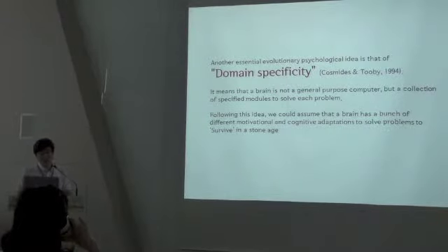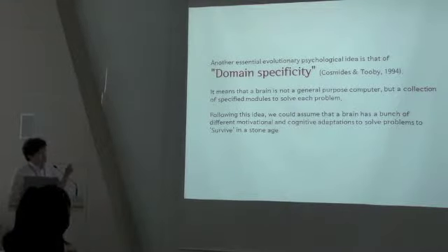It means that the brain is not a general purpose computer, but a collection of specialized modules to solve each problem. I will show the cat photos in the later parts. Domain specificity means that our brain consists of specific modules to solve each problem.